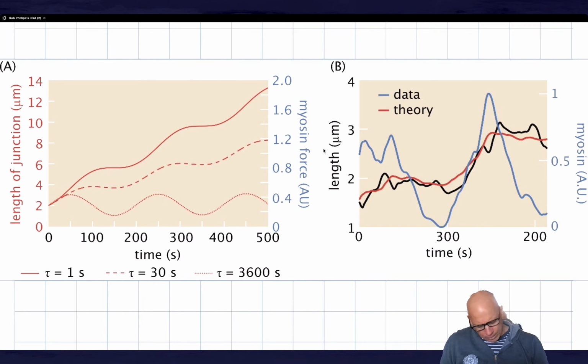So on the left is highly idealized, pure theory. The myosin is perfectly periodic, and from one cycle to the next is exactly the same. And on the right-hand side, what you see is the use of the myosin density as a way to obtain the force.